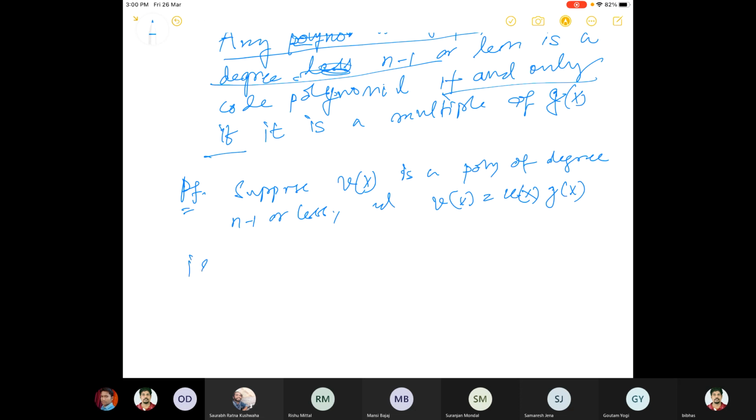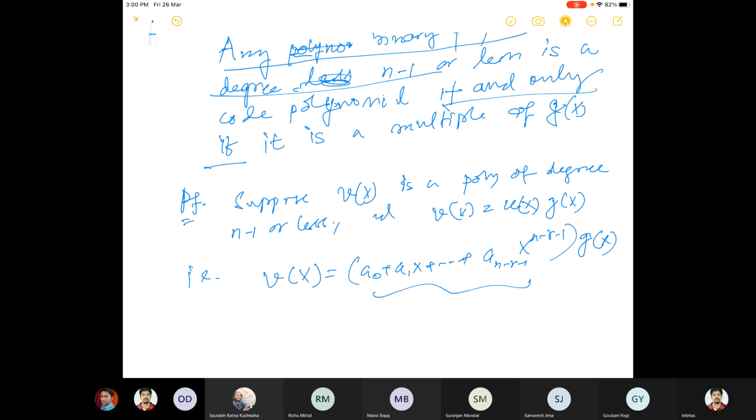Let me write v(x) is equal to a0 plus a1 x plus dot dot dot plus a(n minus r minus 1) times x to the power n minus r minus 1, times g(x). Because g(x) is of degree r, I have to consider up to this much. But all these coefficients need not be 1, some of them could be 0. The degree will go at most n minus r minus 1 because the degree of v can be at most n minus 1. So this is my u(x) here.